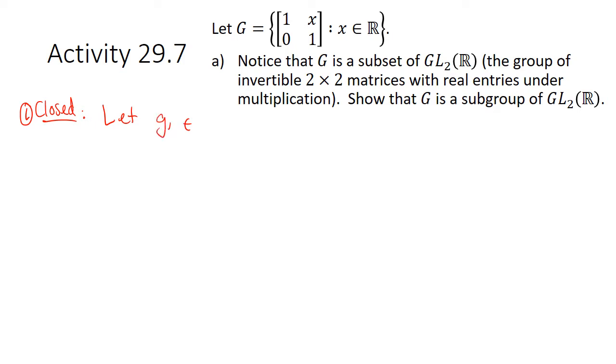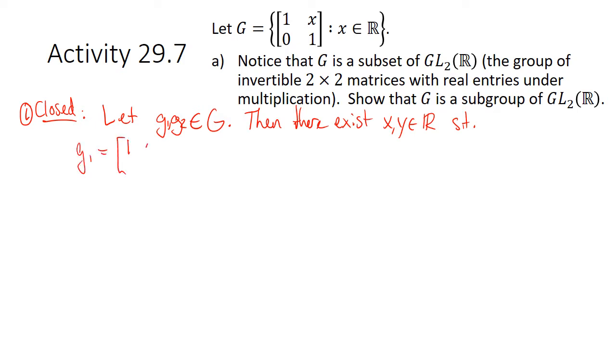Let G1 and G2 be elements of G. Then there exist some real numbers, let's call them x and y in the reals, such that G1 is equal to a matrix where I'm going to put x in, and G2 is going to be equal to the same matrix but with y. Then I just need to show that G1 times G2 is in G.